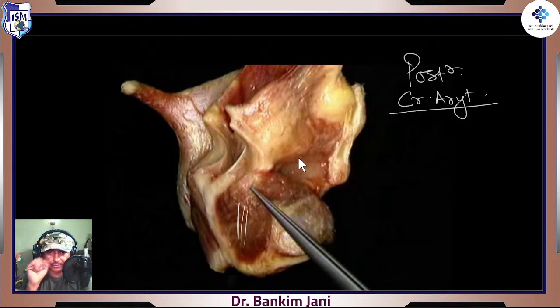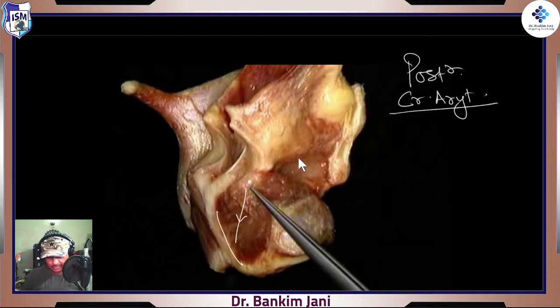When this muscle contracts, it pulls the arytenoid back, because the muscle is connected all the way to the muscular process. When it contracts, it will be shortened, which means this muscular process will be pulled back.